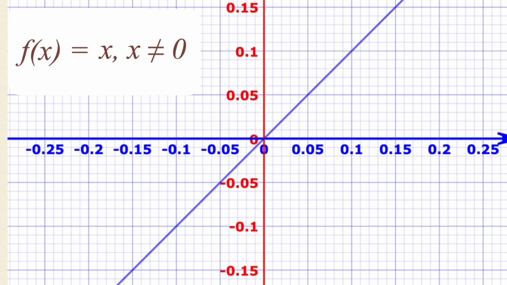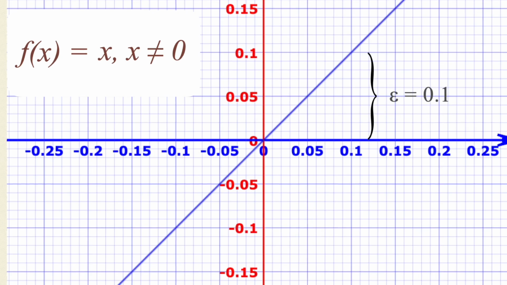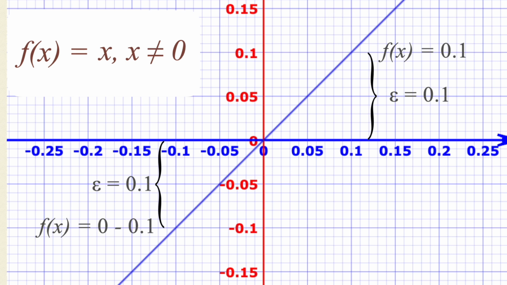And the limit only looks at values really close to 0, not 0 itself, so we're okay. So if epsilon is 0.1, then the upper limit for what the function values could be would be the limit plus epsilon, or in our case 0 plus 0.1, or 0.1. And the lower bound, similarly, is the limit minus epsilon, or in our case 0 minus 0.1, or negative 0.1.